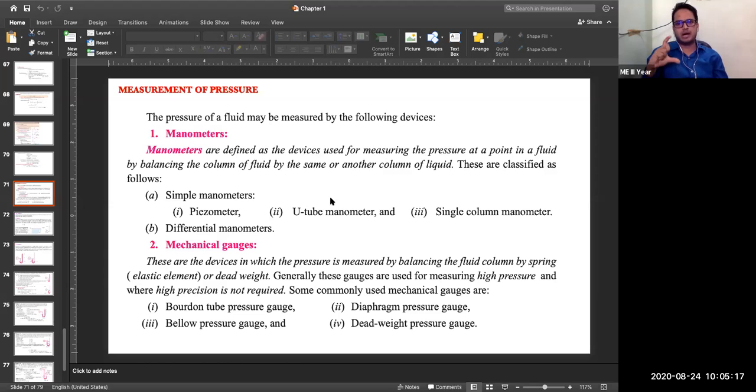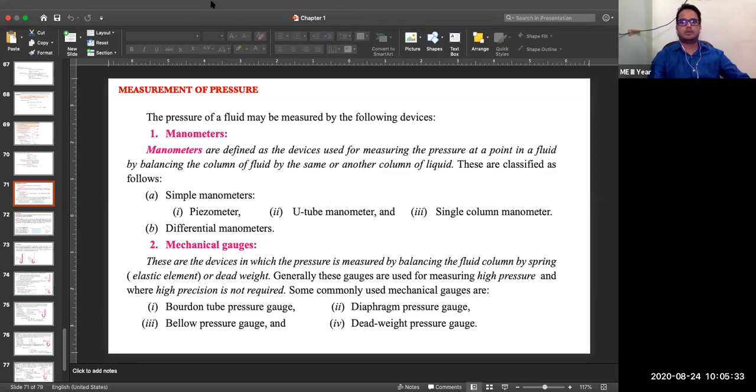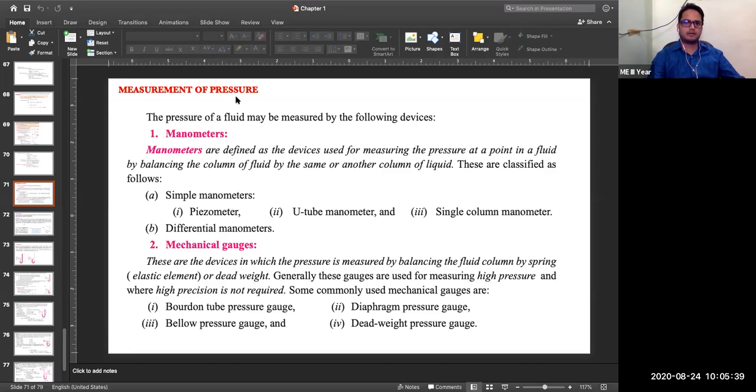Both are representing the height. Okay, very good. Now it is around 10:05, so let's start.